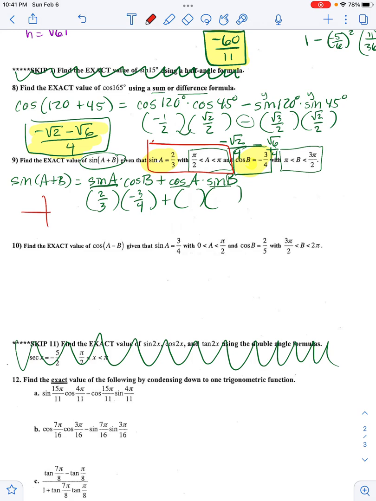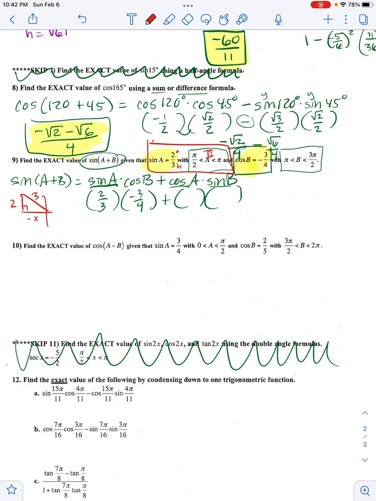The quadrant I'm in, if I'm between pi halves and pi, that's going to put me in quadrant 2 with a sine opposite over hypotenuse of 2 over 3. I'm going to go ahead and do Pythagorean Theorem. I don't know the x. I know it'll be negative because I'm going to be going to the left to get to quadrant 2.